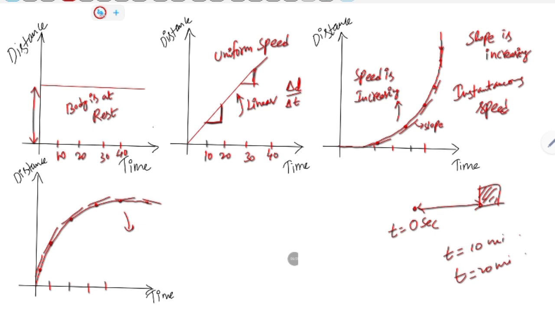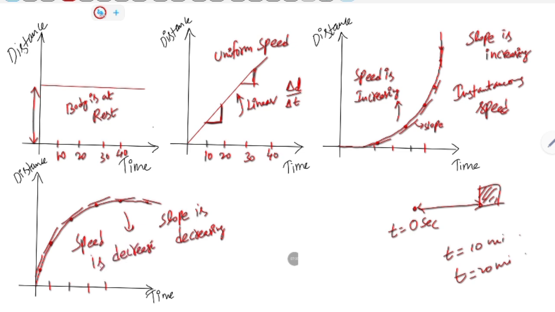You can clearly observe that the slope from the initial point to the final point is slowly getting reduced. So here the slope is decreasing. Slope is decreasing, it indicates that the speed is decreasing. So it is somewhat decelerating. Speed is decreasing.